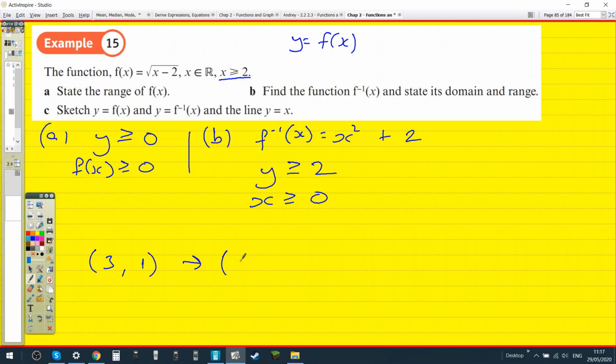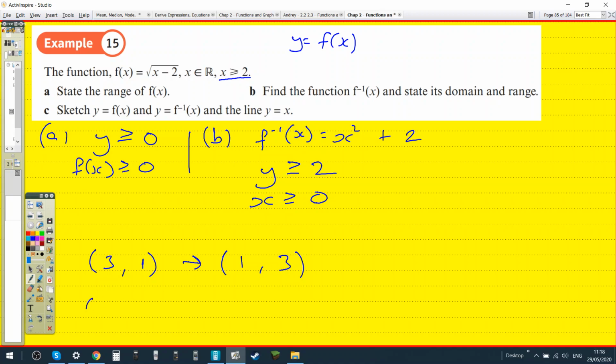What would be the corresponding coordinate? Do you know? Would I need to sub in 3 into x squared plus 2? It's kind of difficult to ask it as a question. It's kind of not really true mathematically, but 1, 3. Like if you know that 3, 1 is on this one, then you know that 1, 3 must be on the other. Oh, right. That's probably a better way of saying it.